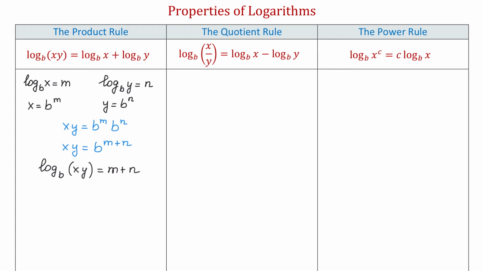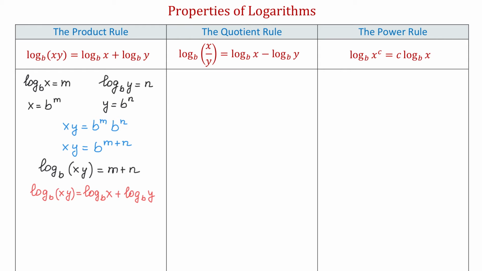Now on the right side, let's replace m with log base b of x, and let's replace n with log base b of y. Then we will have log base b of x times y equals log base b of x plus log base b of y. And this is the product rule of logarithms.